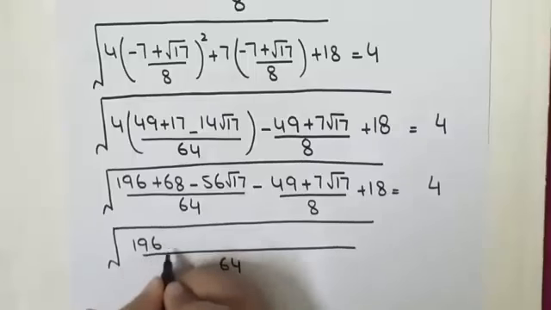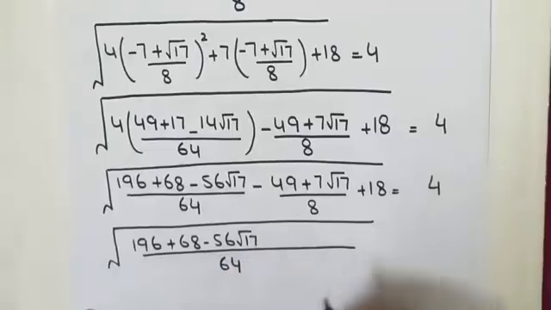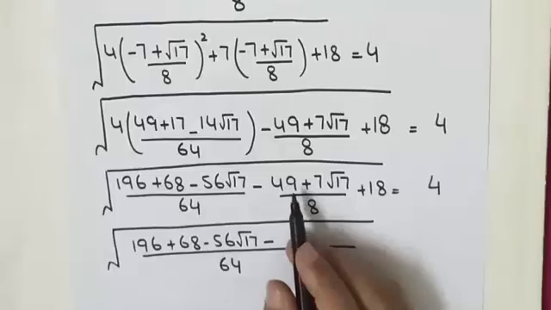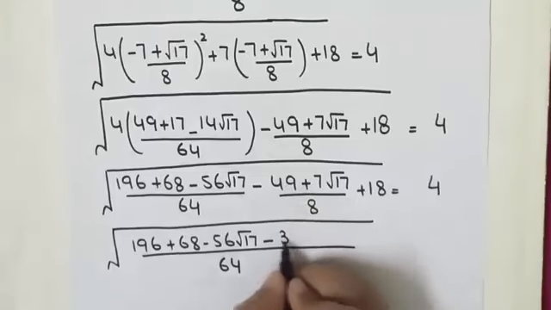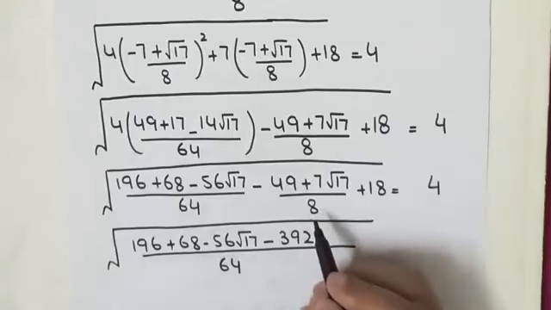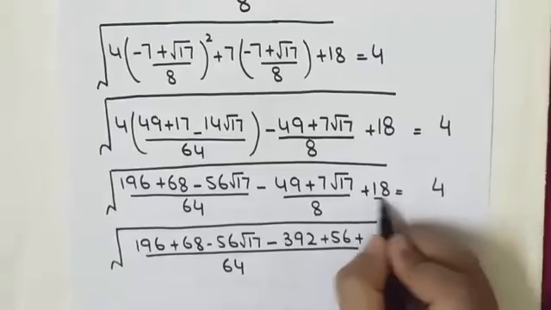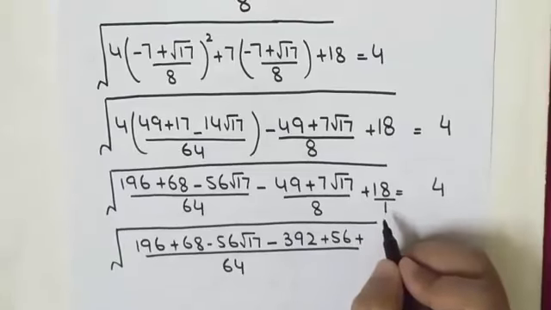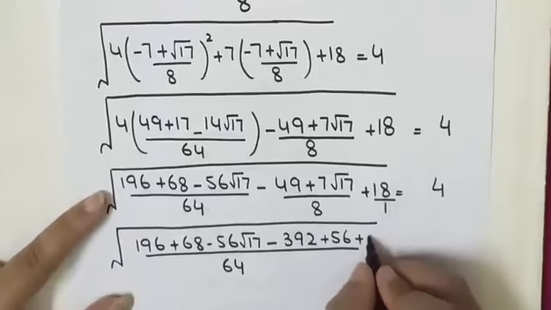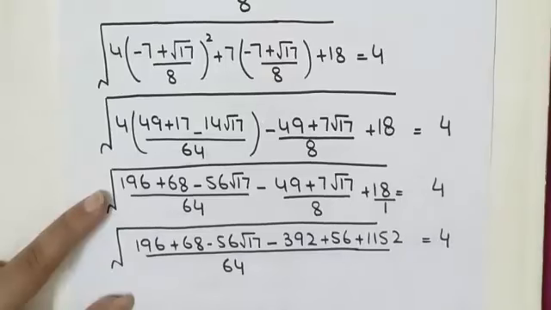So these terms will be written as it is, minus 56 into under root 17. Now 8 times 8 is 64. So 8 times 49 is 392 plus 8 times 8 is 64. So 7 times 8 is 56 plus here we have 1. So 1 times 64 is 64. So 64 times 18 is 1152. This is equals to 4.